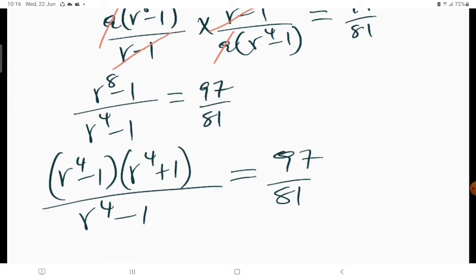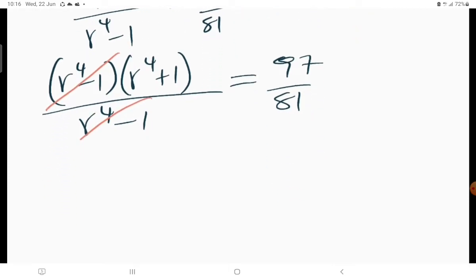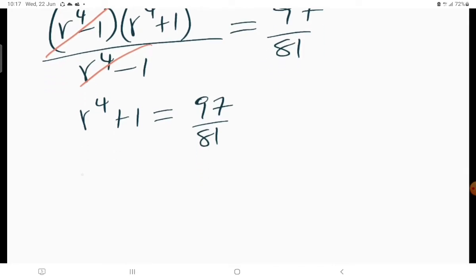Now you can see another cancellation is possible here. This and that are the same. Then we are left with r to the power of 4 plus 1 equal to 97 over 81.